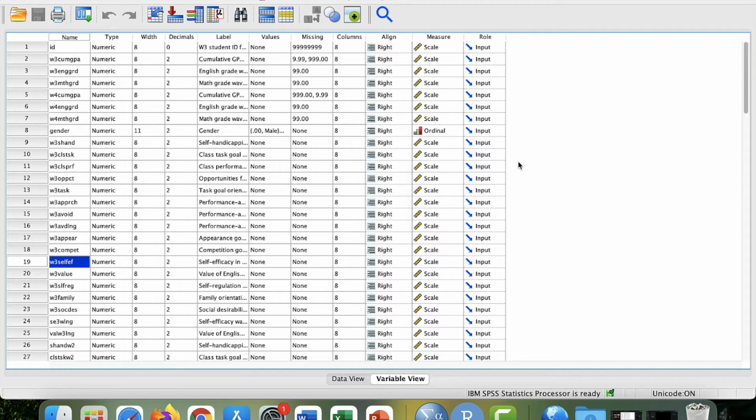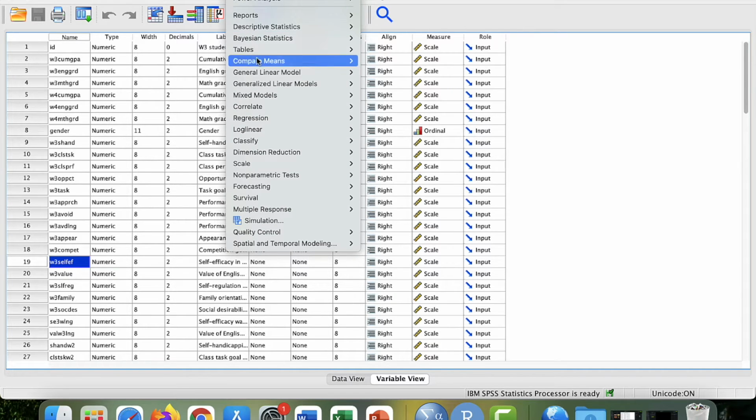So we will look at self-efficacy. This is confidence in students' abilities to succeed in their schoolwork, to understand it, to do well, that kind of stuff.